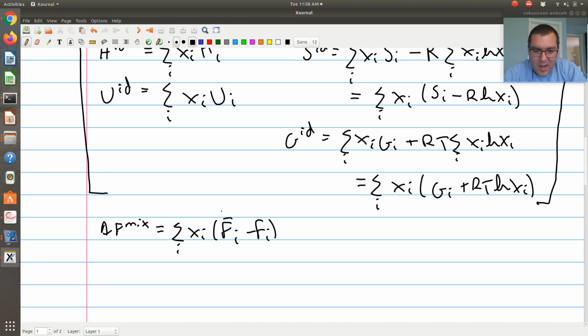So it's the molar average of the difference of my partial molar F in my mixture relative to my pure component F.